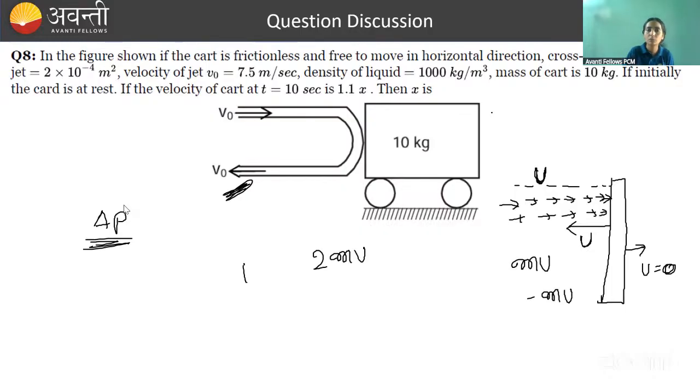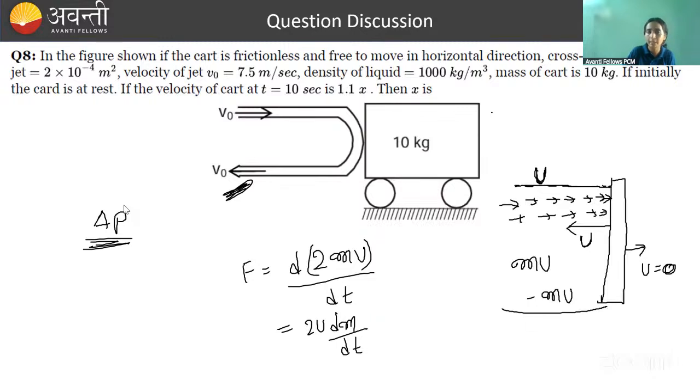What is the force acting? Force acting will be this by dt. u is not changing, right? Mass is also not changing, but dm by dt we can calculate. Take 2u out and write dm by dt. What will dm by dt be? If you see here, let's talk about the whole area of the plate. In time 1 second, how much length is this water covering? u.